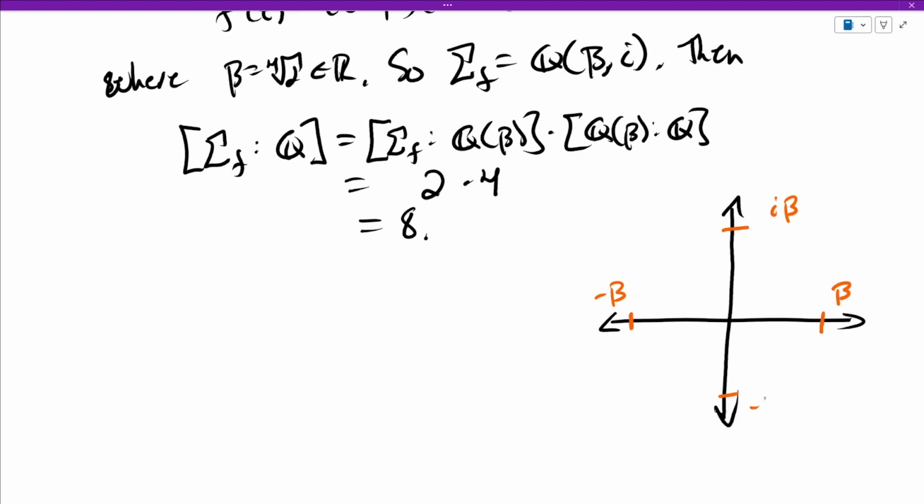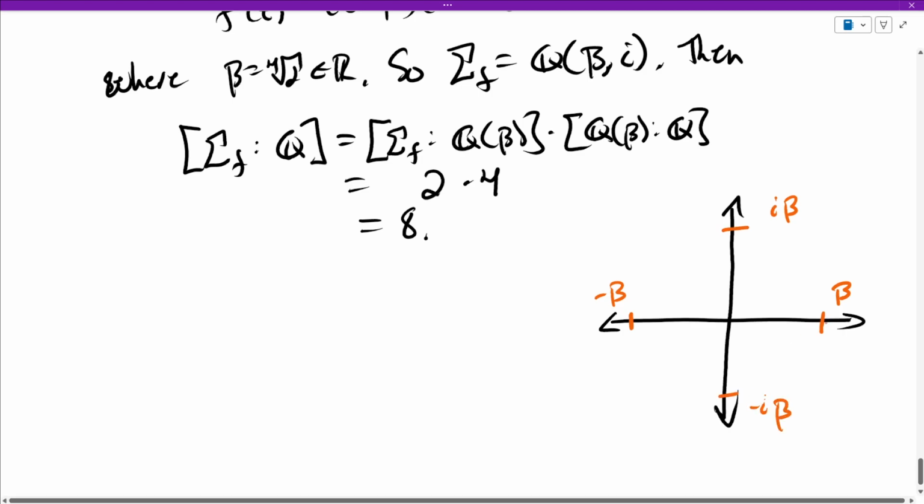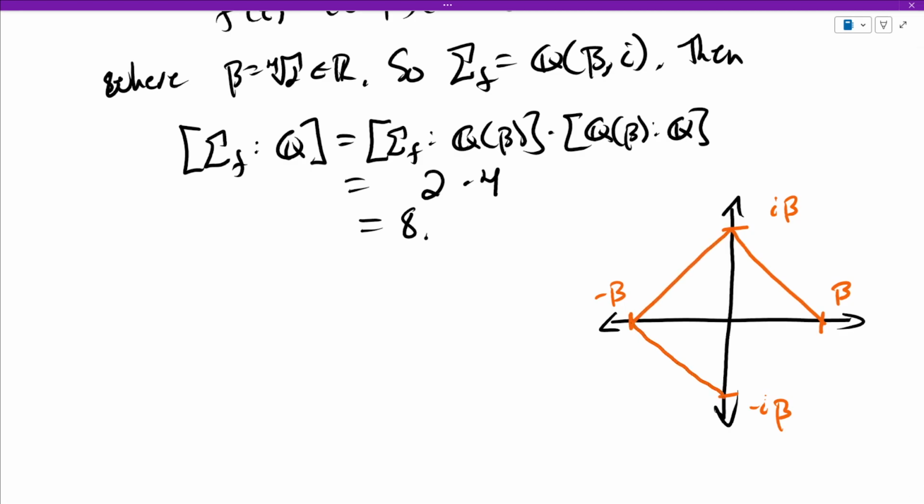And then negative i times the fourth root of 2 is something like that. So they're vertices of a square that's drawn that way. And what are the symmetries of this object? Well, we have a reflection in the real axis.